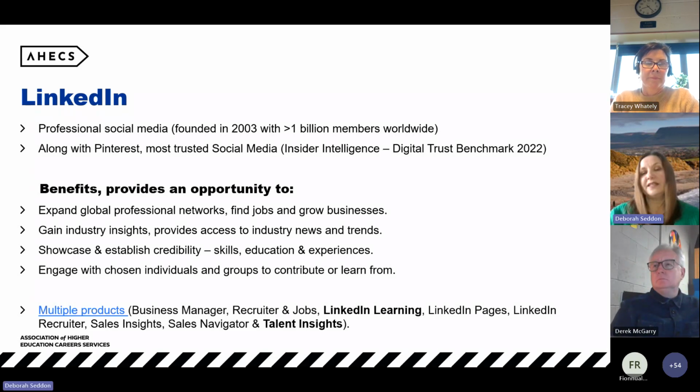So some of the benefits, like I say, I don't think this is anything new to you, so I'll quickly talk through these. But LinkedIn is obviously great in terms of giving us that capacity to expand our professional networks. It's great if we are looking to find a job, or we're supporting people to find jobs, and obviously for businesses to grow.